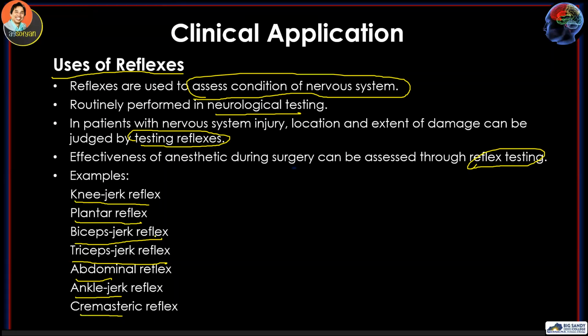So these are some reflex tests performed by physicians to test the condition of the nervous system.